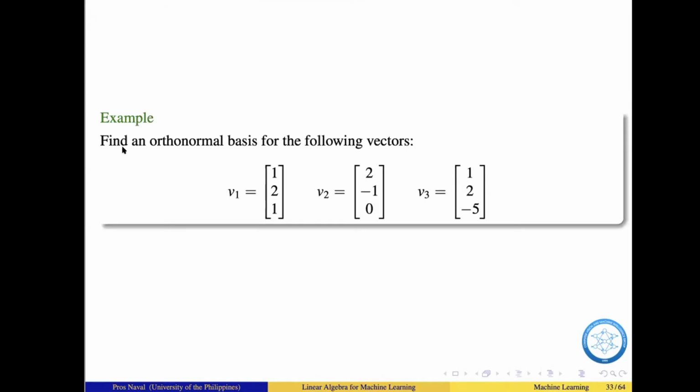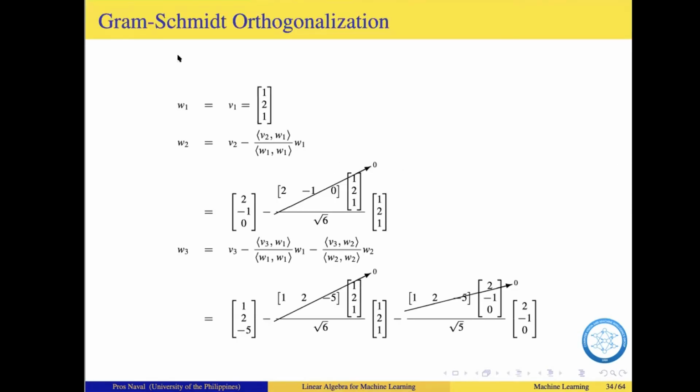So let's find the orthonormal basis for the following vectors. We have three vectors here, v1, v2, v3, and they have the following values for their elements. Let's now compute the basis. First step is to equate W1 with V1. You're done here.